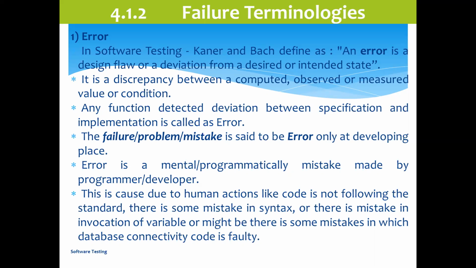So if this type of failure comes in the development team, then it is called an error. All are failure related only, all are mistakes, issues, problems, failure, everything. But development teams, if they get some error, some problem, some failure, have to tell it as an error. Their terminology is error.